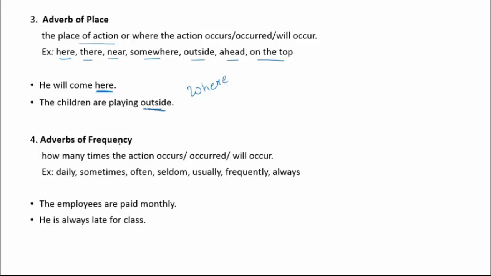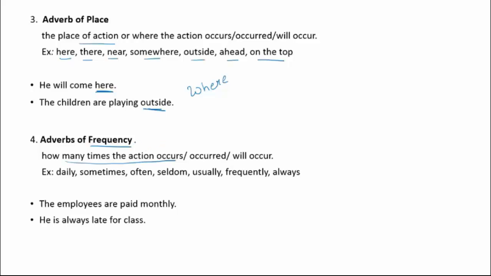Adverbs of frequency change or qualify the meaning of the sentence by telling us how often or how frequently something happens. The adverb of frequency is exactly what it sounds like. It tells how many times the action has occurred or will occur or occurs.